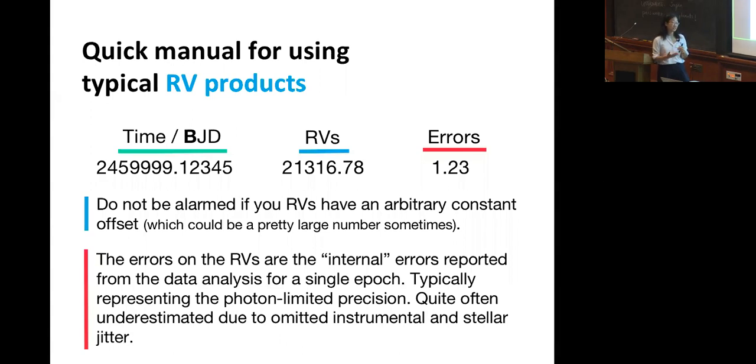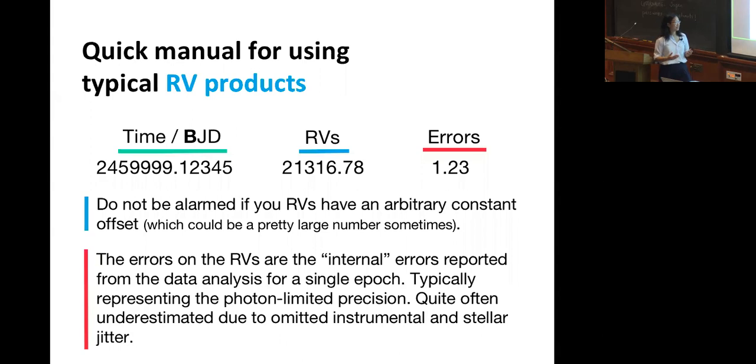In the relative sense, it does. When you compare error bars between instruments or between targets, it gives you a relative sense of how precise each spectrograph or each target is doing, but it's typically just trying to represent the photon limited precision of your single epoch measurement of the RV, right?